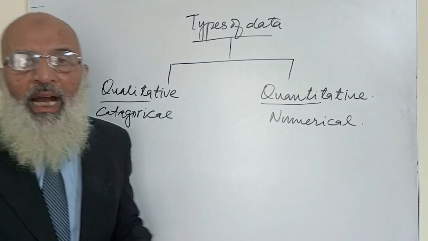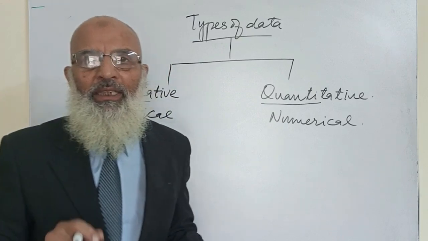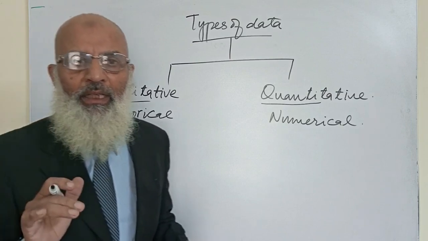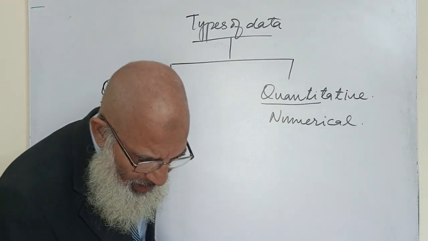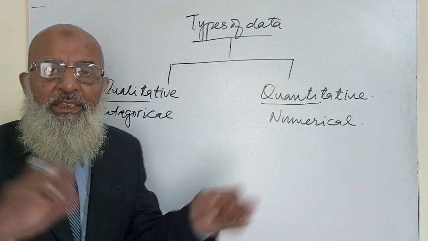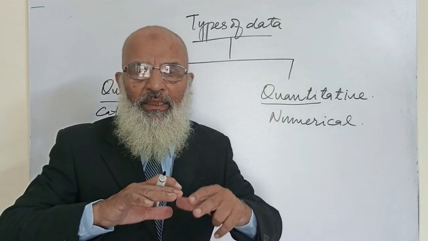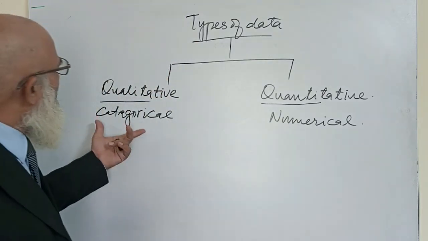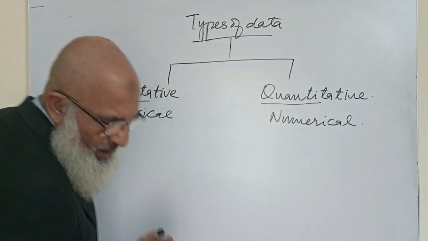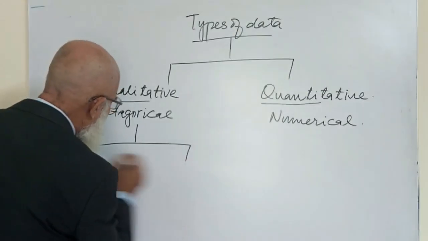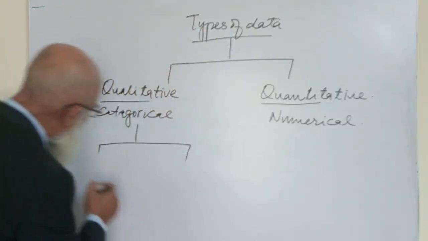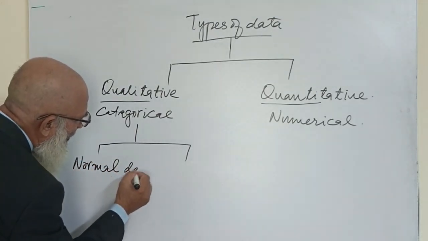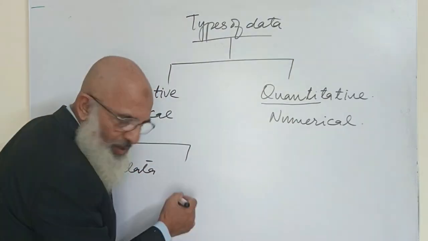the height of the student, the color of the students, the uniform that they wear. So these are the qualities of the houses and the outlook of the houses. In quantitative data there are two more branches, that are nominal data and ordinal data.